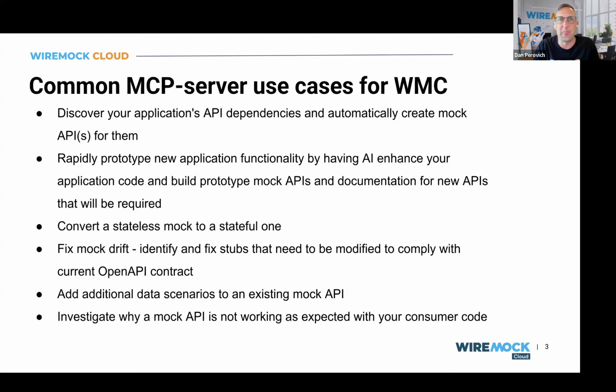automatically for us. Another common use case here is to rapidly prototype new application functionality by having the AI enhance your application code, and also to prototype any new APIs that would need to exist for this prototype functionality to work.